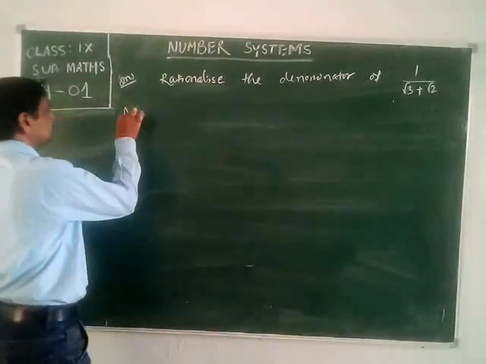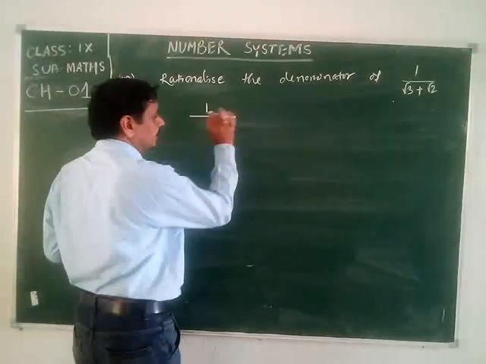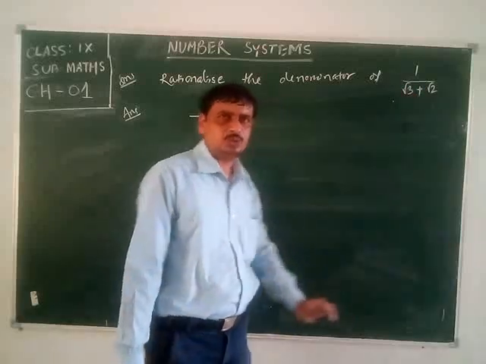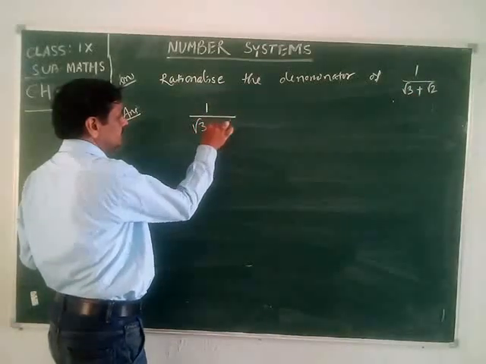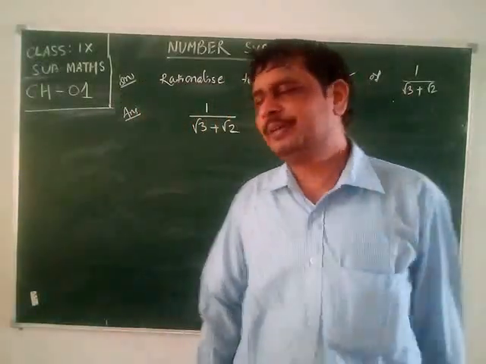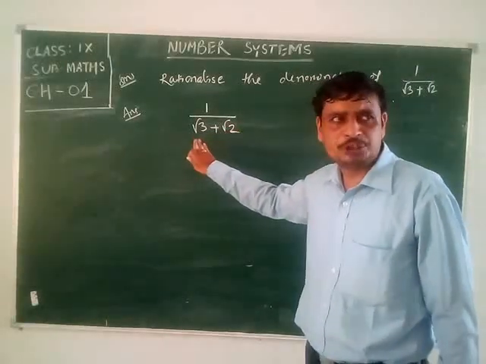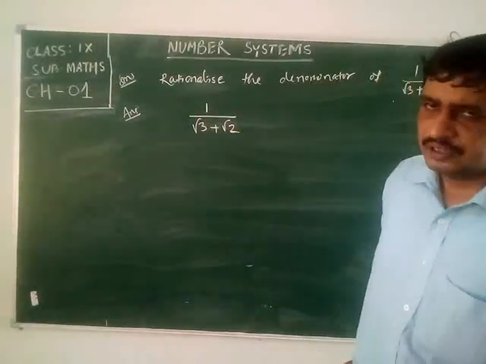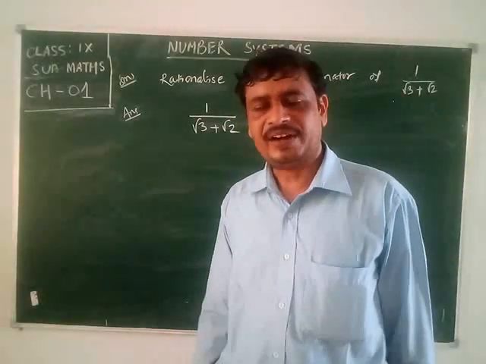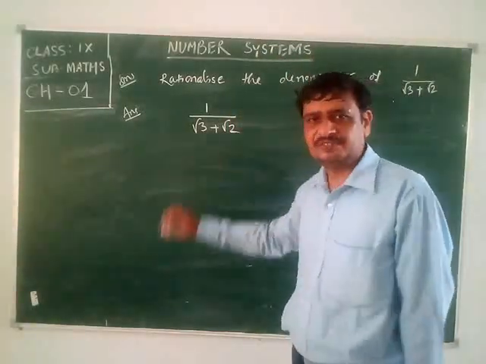First, we have to write the number as it is given here, that is 1 by root 3 plus root 2. Since we have to rationalize the denominator, first we have to find the rationalizing factor of root 3 plus root 2.